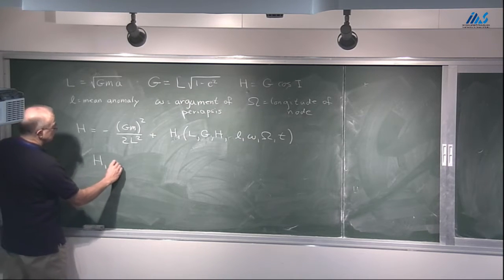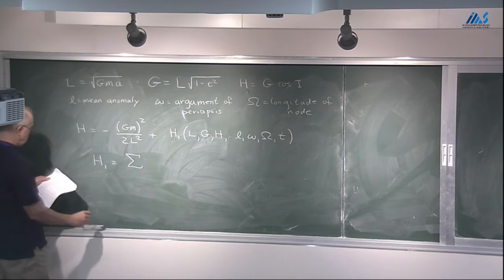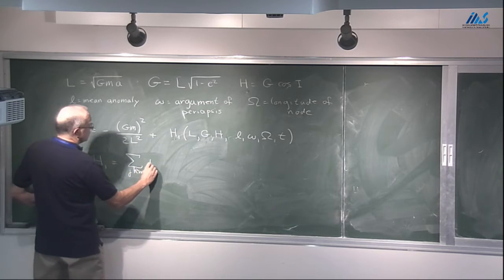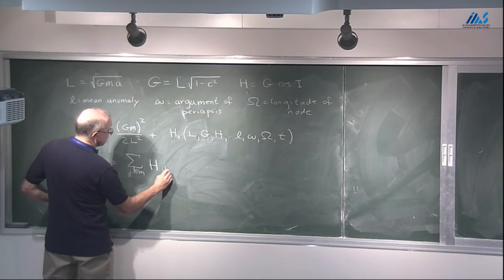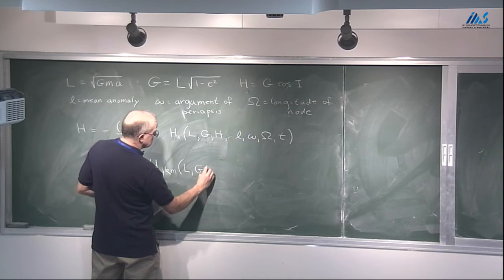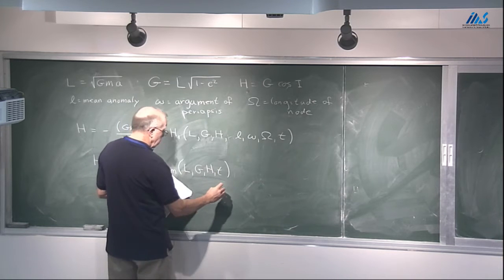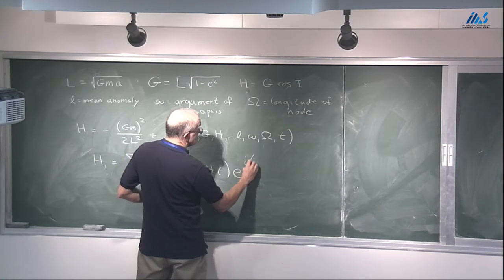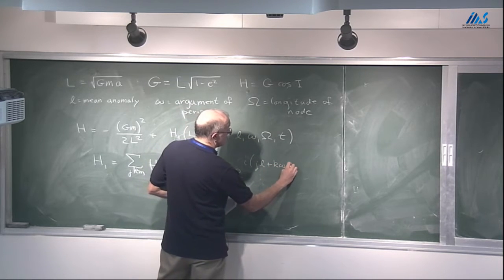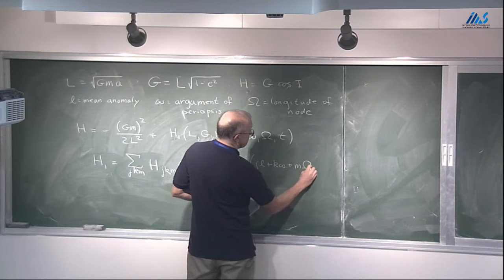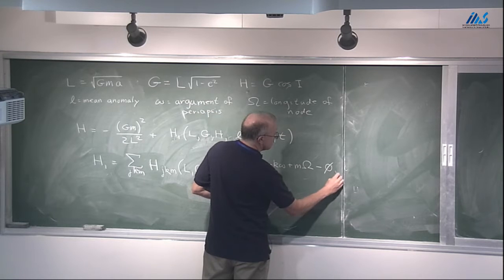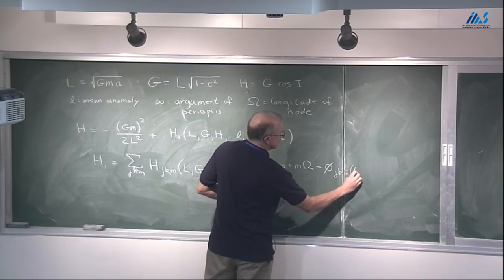And so the first step is that you can write this as a sum over 3 integers, j, k, and m, of some function H_jkm of the actions L, G, H, and maybe the time, times e to the i (j l plus k little omega plus m capital omega minus some function of the time).